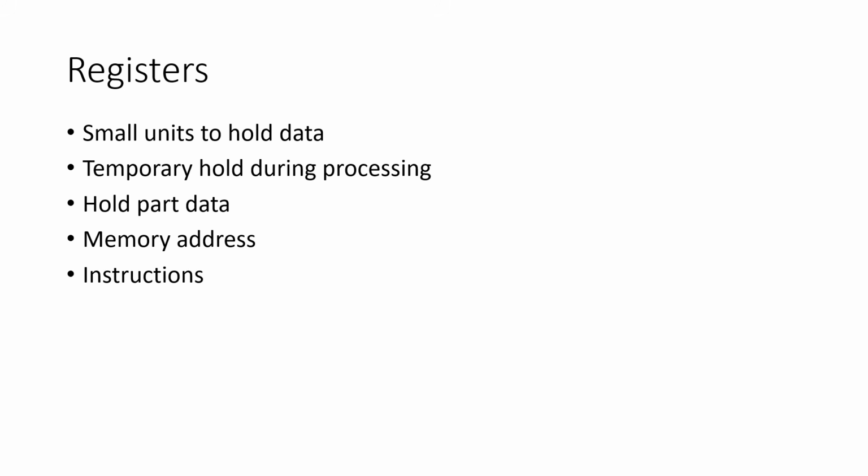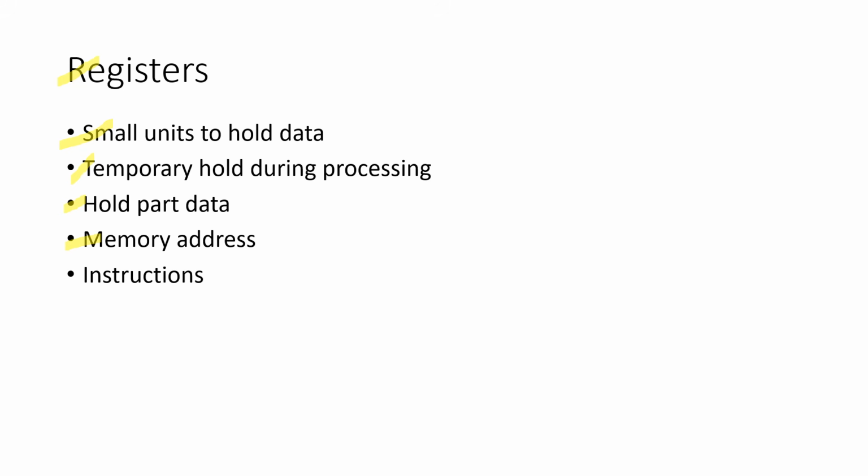The next important unit which we are going to look at is the register. Registers are small units and are generally used for holding temporary data. If there is an addition operation happening in the arithmetic logical unit, there might be some extra information that has to be stored temporarily in the registers for the operation to be completed, and sometimes even memory addresses are stored in these registers.